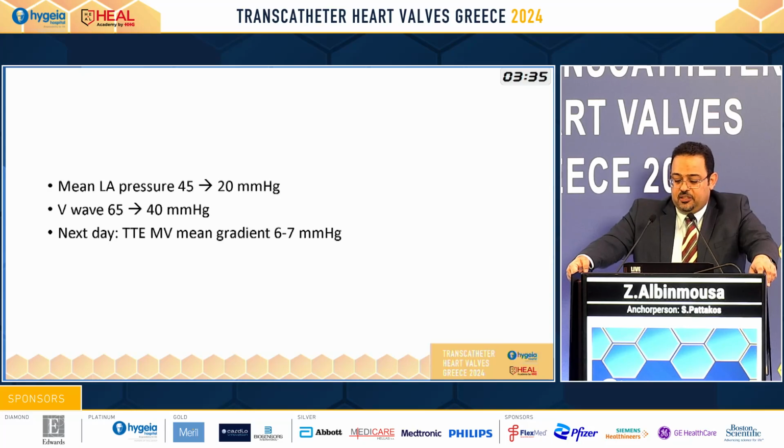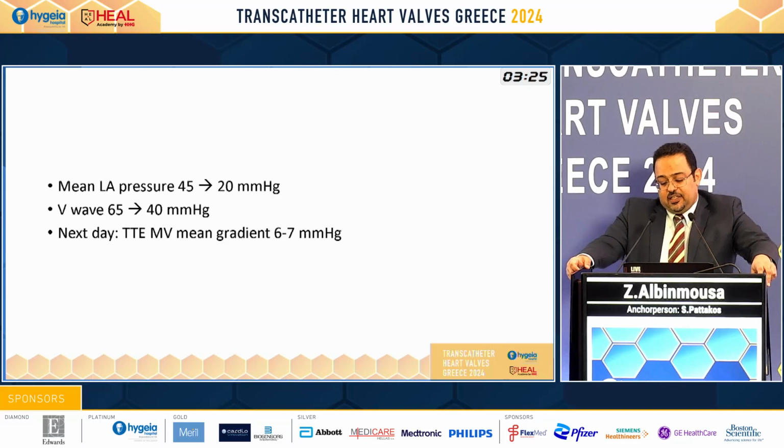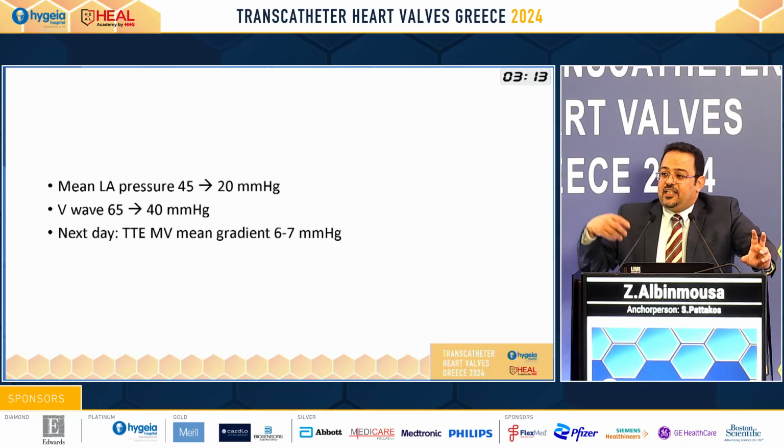The mean LA pressure dropped from 45 to 20, the V wave from 65 to 40, and on the next day transthoracic echo, the mitral valve mean gradient remained the same, 6 to 7, with the same degree of MR. So we thought it's a reasonably good result, taking all the circumstances the patient has.